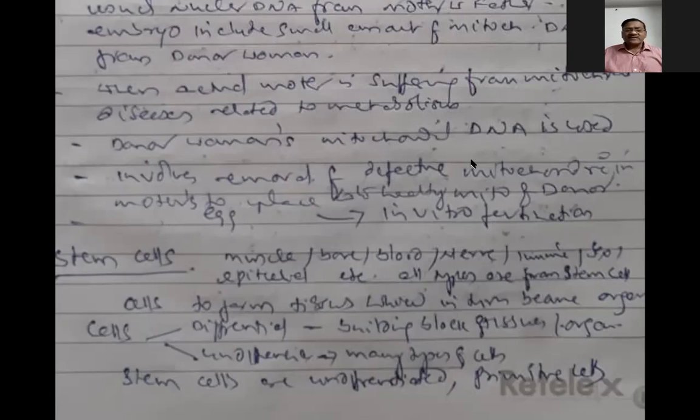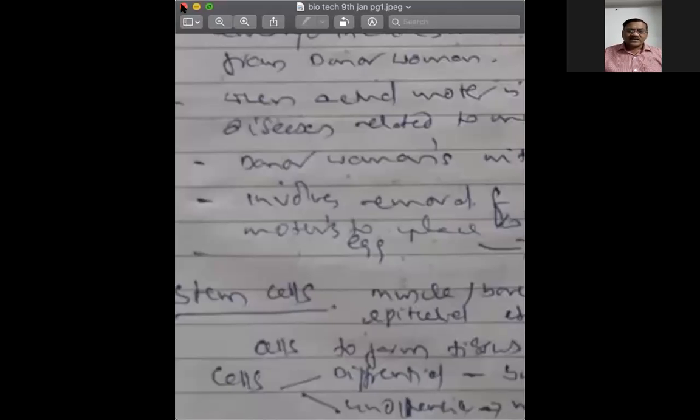What is the significance of stem cell therapy? You see baldness, blindness, deafness, bone marrow related diseases, and then Alzheimer's disease, osteoporosis, Parkinson's and such kinds of diseases. You can cure all these diseases with the help of stem cell therapy or induced pluripotent stem cell therapy.